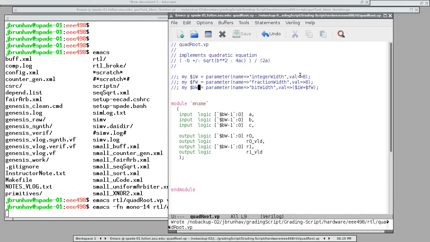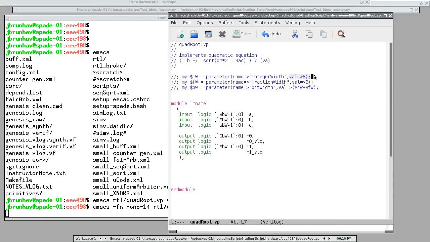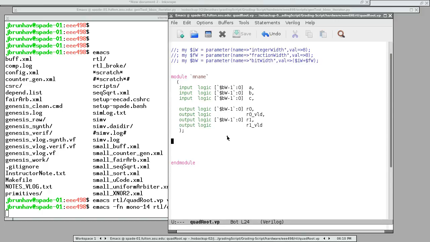In this case we have 8 bits of integer and 8 bits of fraction, so the total bit width is that, and we'll just keep that throughout. Maybe later we'll come back and tweak this output precision to land on something better.